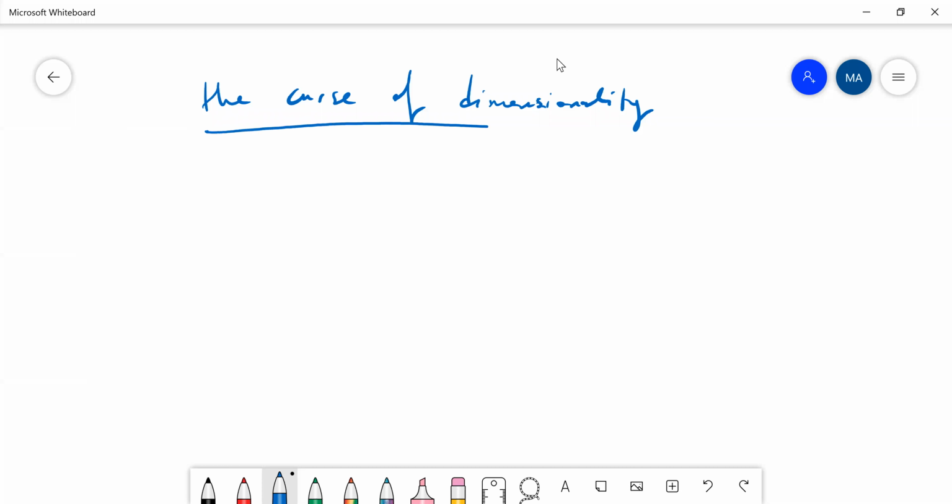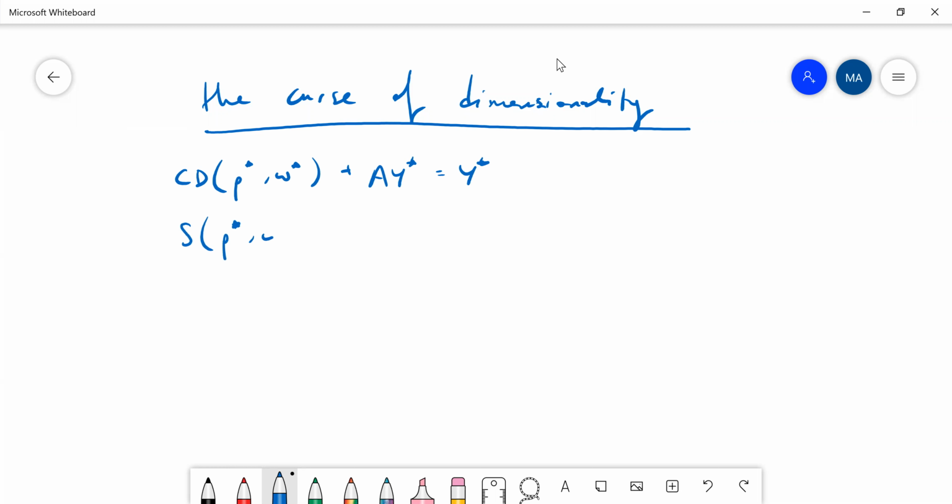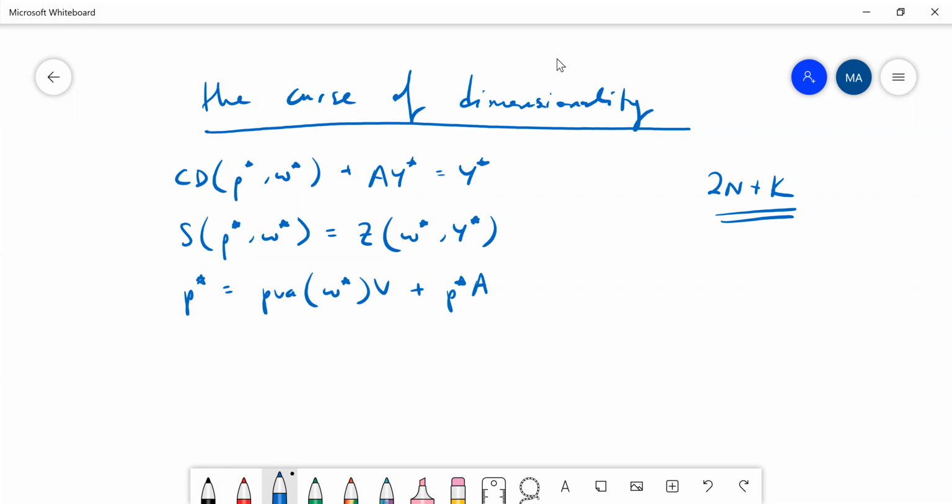Because we solve these models on computers, as I discussed before. Now, the dimension of this system is 2n plus k.